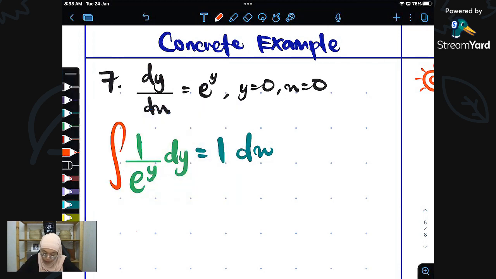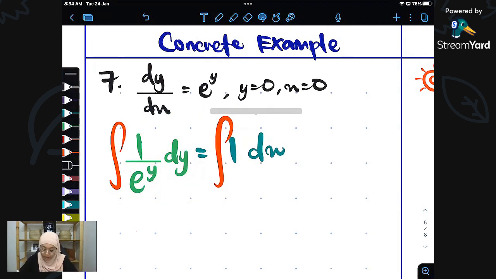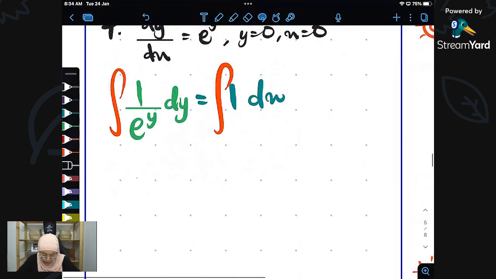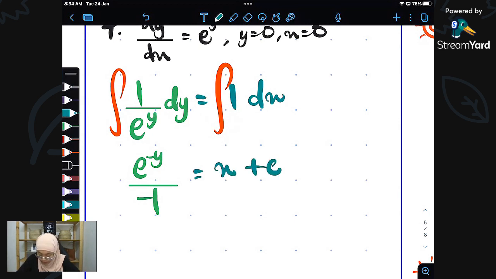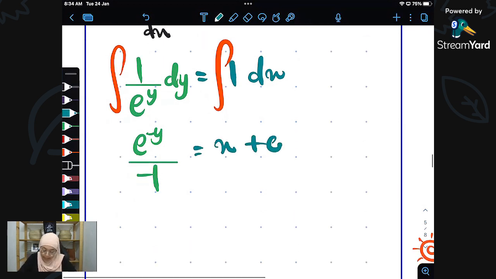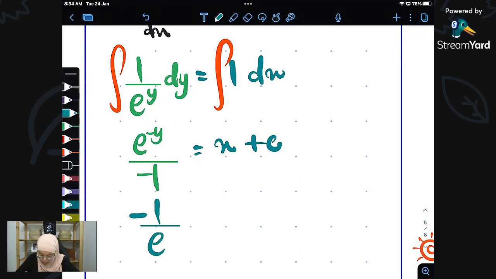Then we integrate both sides, again the same step. We will get exponent negative y over -1 equals x plus c. Then I like to rearrange this first so that I will get -1 over exponent y equals x plus c.